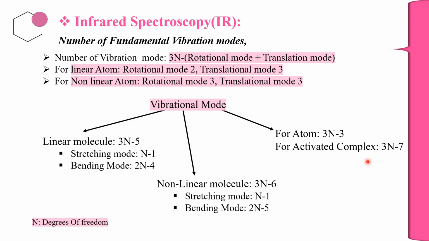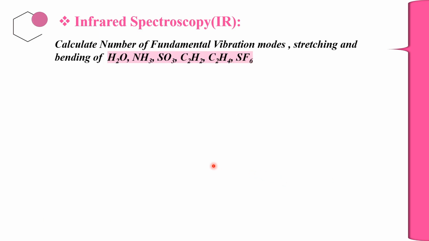Now we will do a small exercise to determine the number of vibrational modes and the number of stretching and bending modes in certain compounds. As we already know, the number of vibrational modes is 3n minus 5 for linear and 3n minus 6 for non-linear.